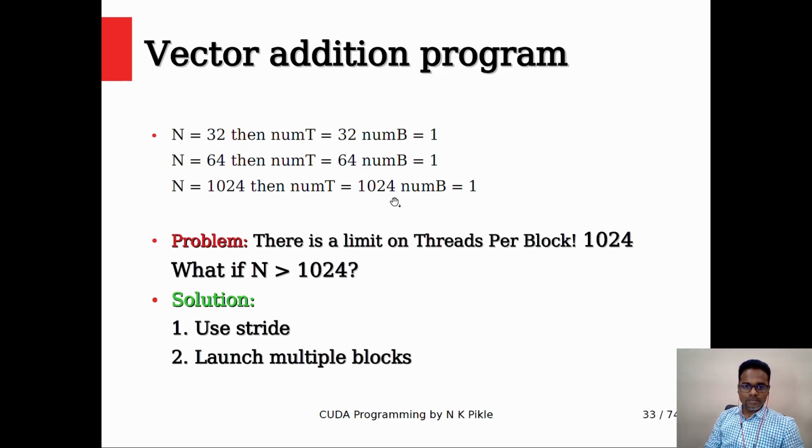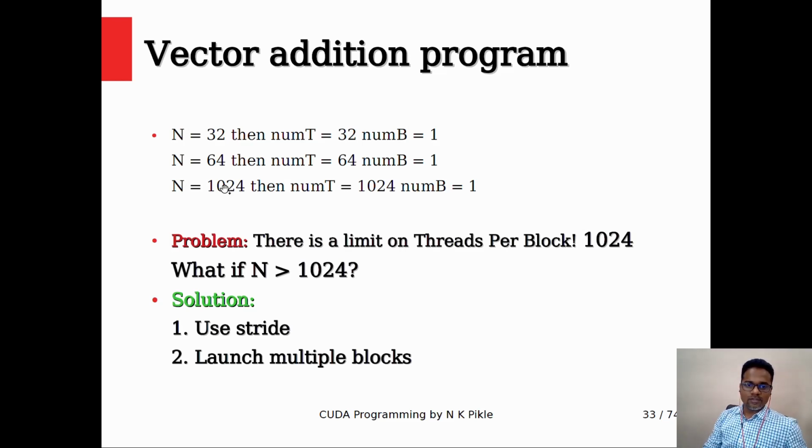I'm not allowed to launch more than 1024 threads per block, but I have data which is more than 1024 in size, and that is very common, because in real-time computing we can expect the input size to be in the millions.